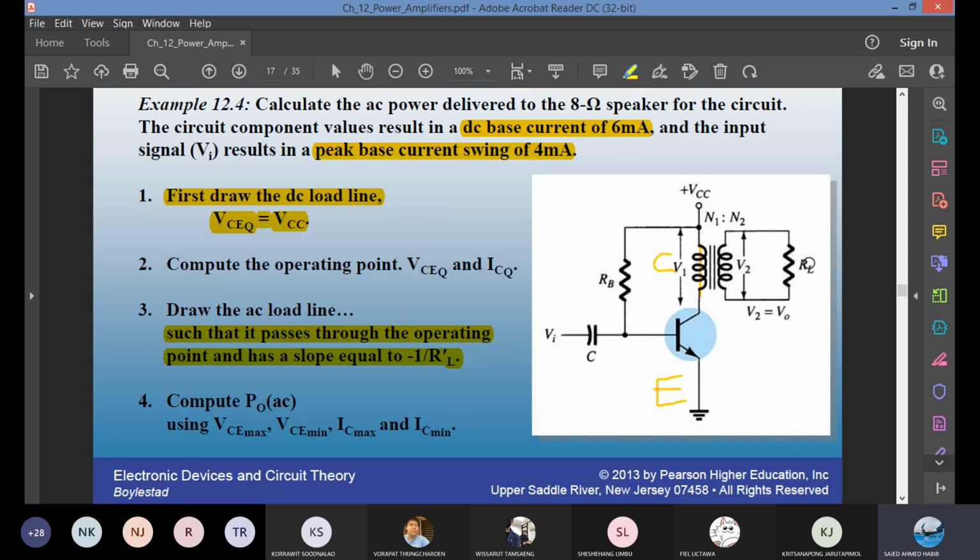How do you find RL? You need to know N1 over N2. So while you are waiting, I have to open my textbook and bring the actual problem. Just take a screenshot and then bring it into the class notebook. I have the circuit. So let me copy the circuit first.